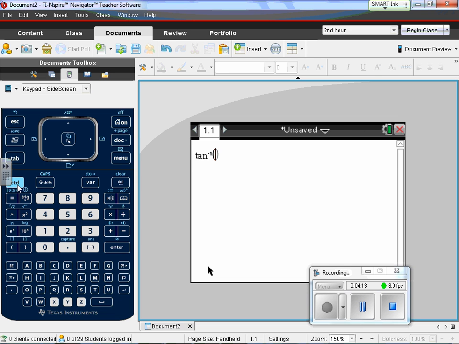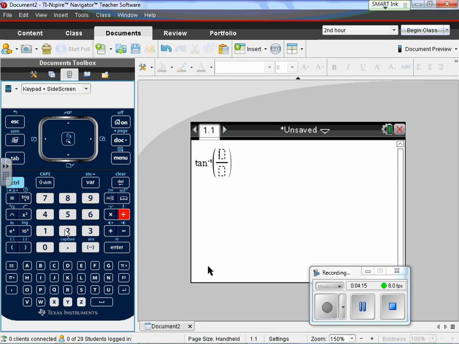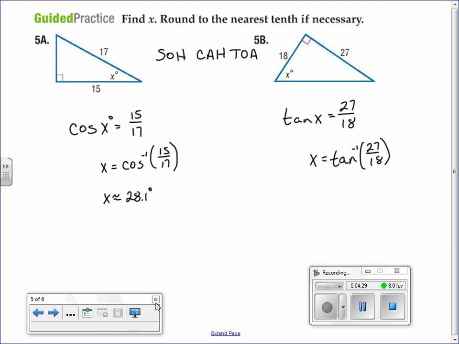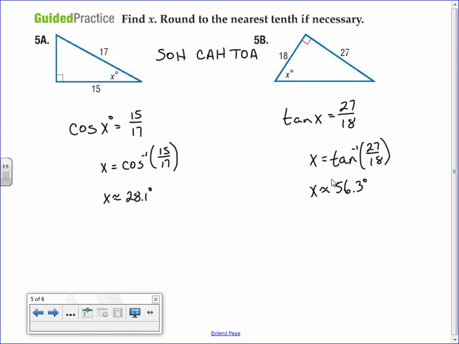Let's put the fraction in. Press enter. Once again, be sure your calculator is set to degrees, otherwise you're going to get the wrong answer. So 56.3. X is approximately 56.3 degrees.